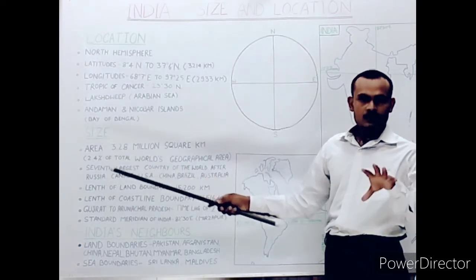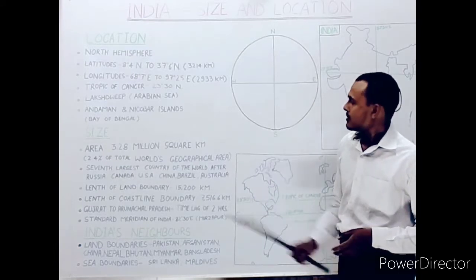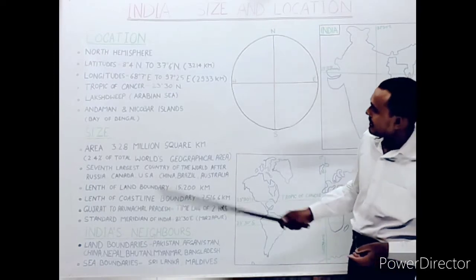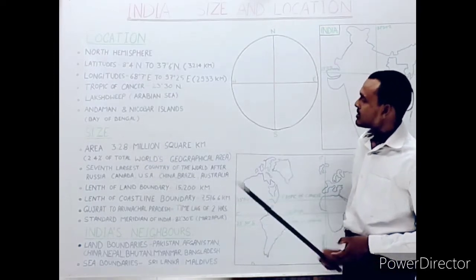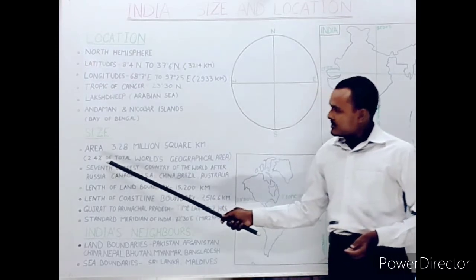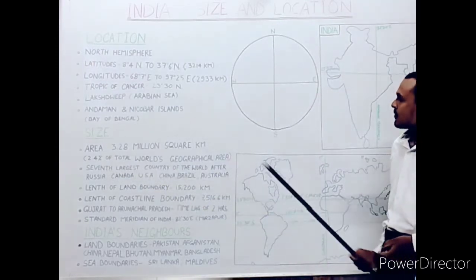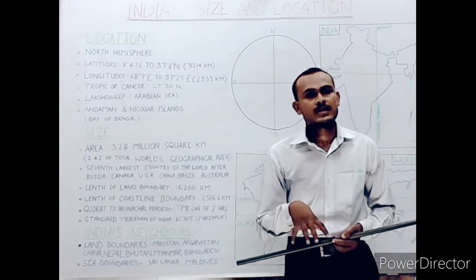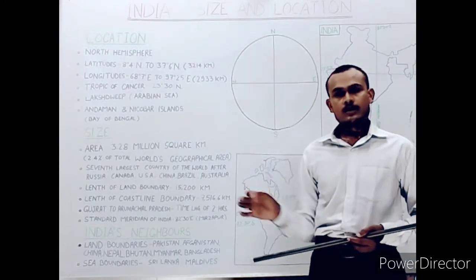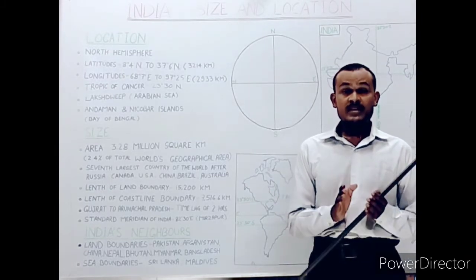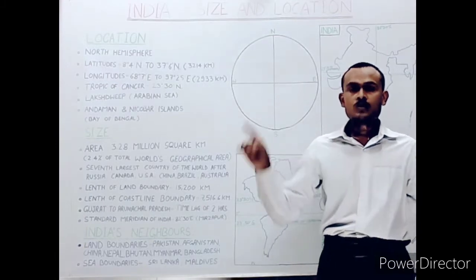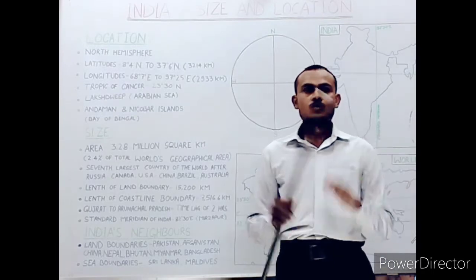Just see the next point of this chapter, area, which is the size of this country. The area is 3.28 million square kilometers, which is 2.4% of the total geographical area of the world, meaning the total earth.